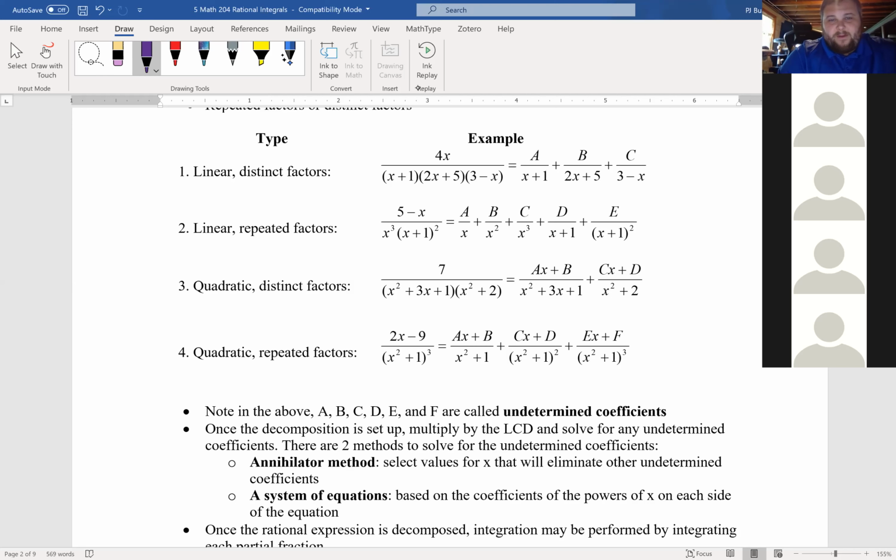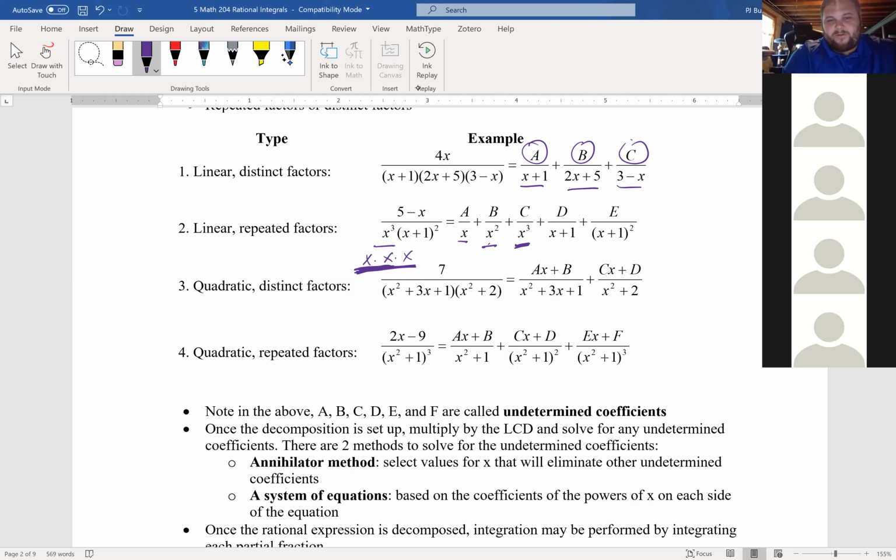All right, so if we understand what they look like, now we can talk about how to deal with them. For linear distinct factors, we just put a constant over each one of the factors. For linear repeated, we said that x cubed was x times x times x. So we start with a single factor, x, then we go up to 2 of them, x squared, and then finally as many as we possibly can, which is x cubed.